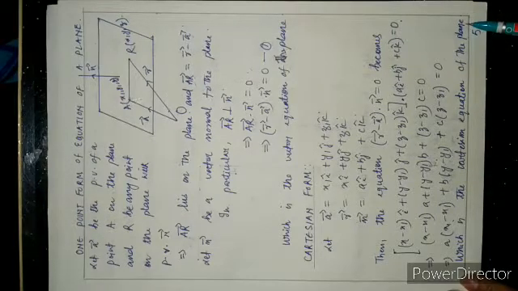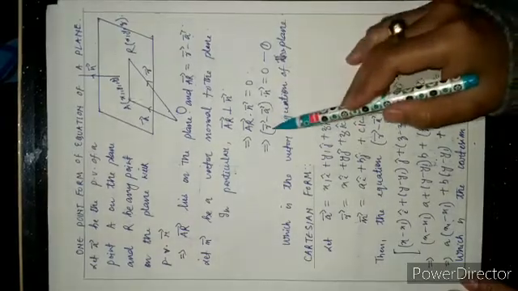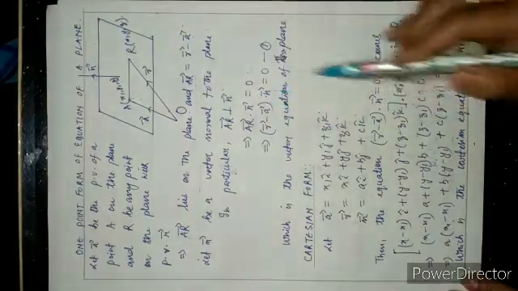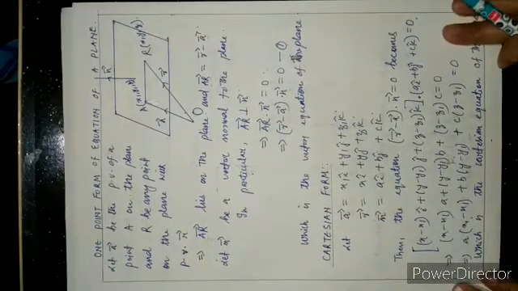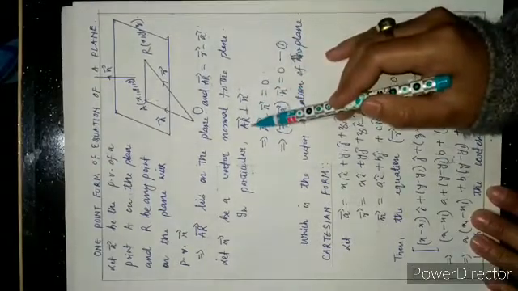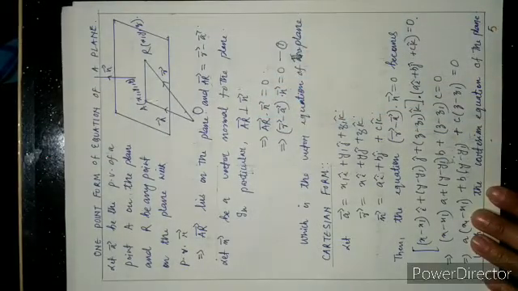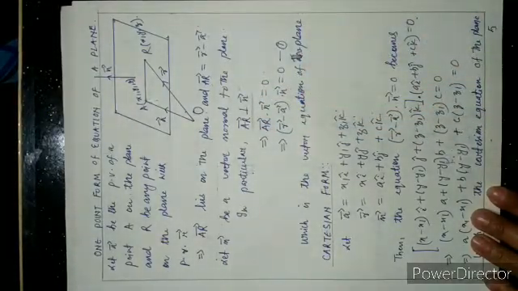This is the vector equation and this is the Cartesian equation. The vector form is expressed in vectors, and the Cartesian form in x, y, z. The equation of the plane in one-point form is important because AR is perpendicular to the N vector.